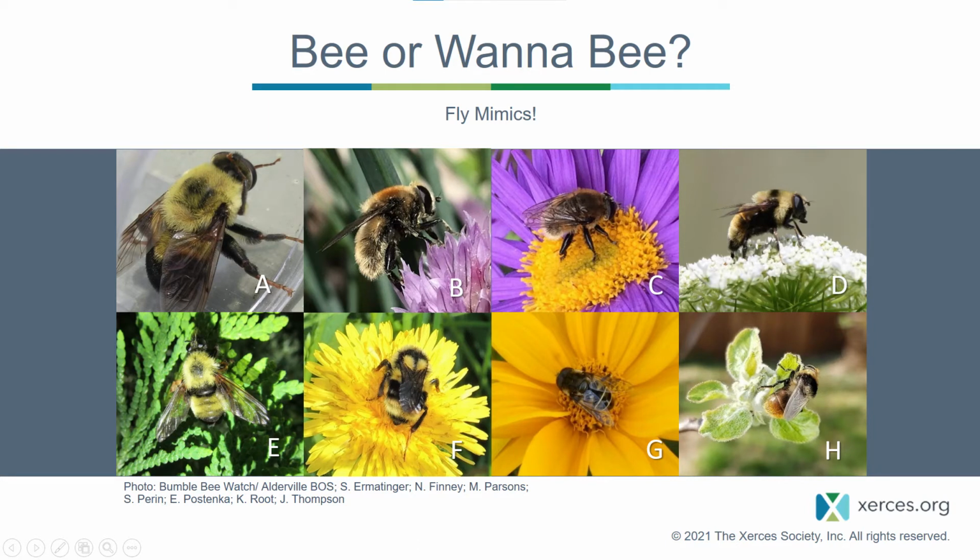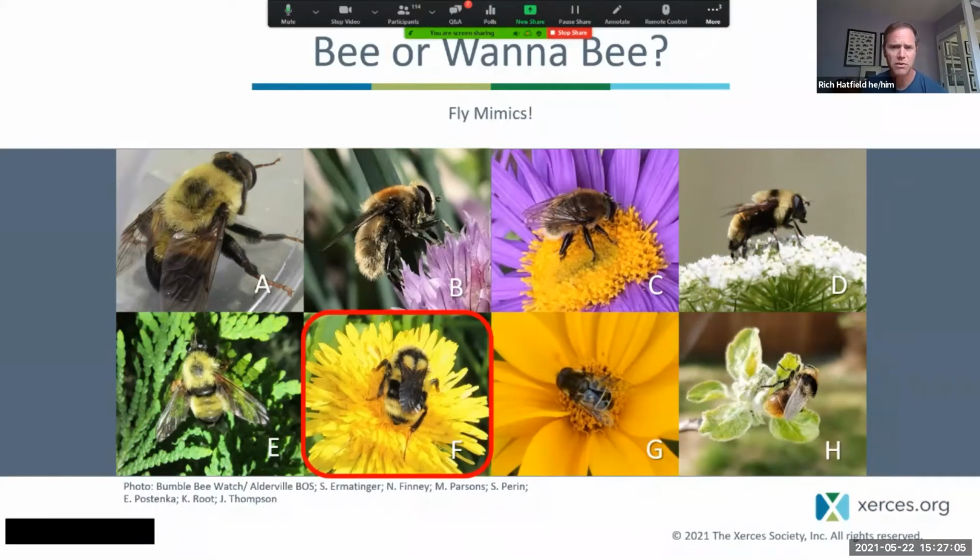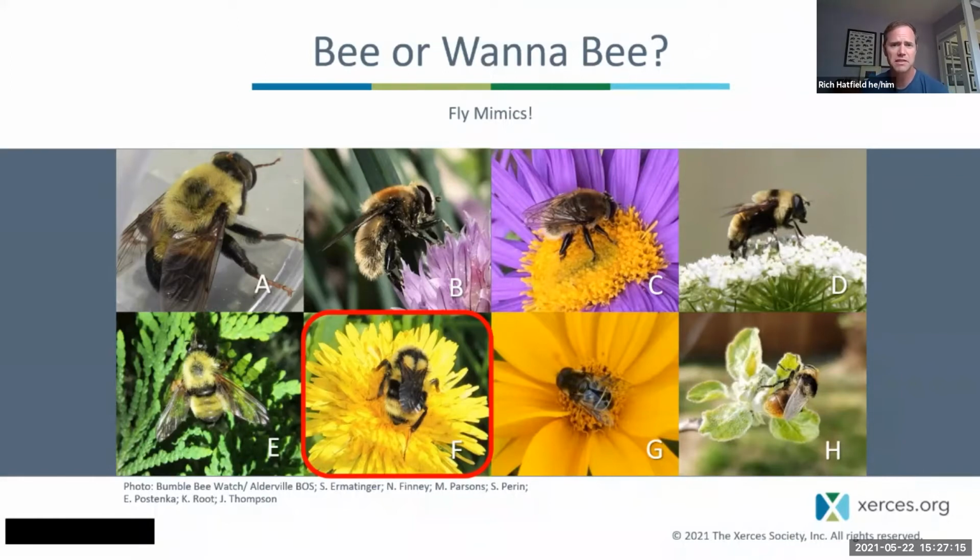The rest of those animals are all flies, and they all look like bees for a good reason. It's something called mimicry. Flies don't sting, but bees do. And because bees sting, they're less likely to get eaten by a bird than something that doesn't sting.